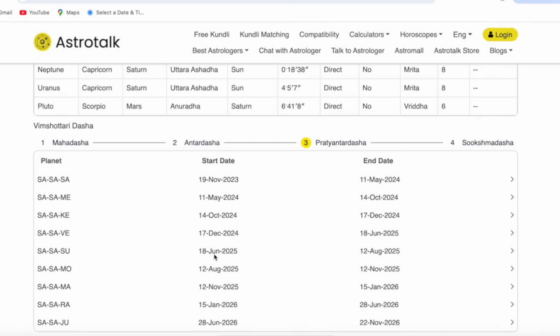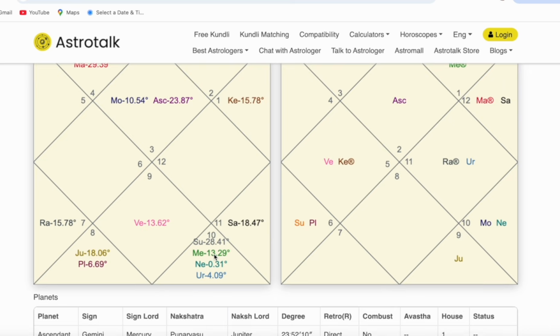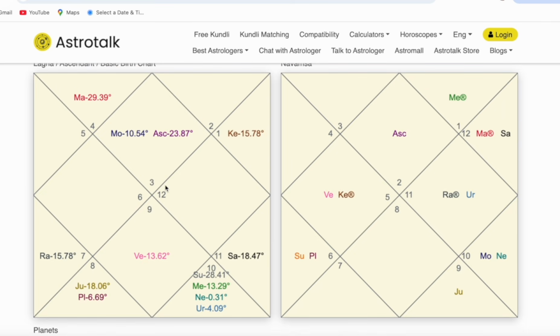At this time, Saturn is currently still transiting in Pisces, and this transit happened last year, I think in March or April.